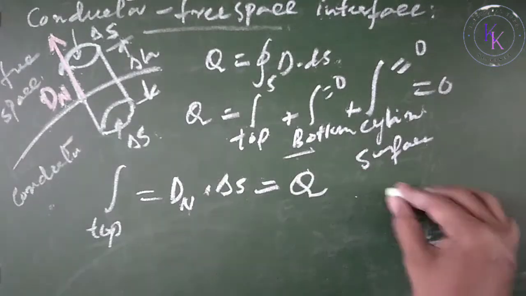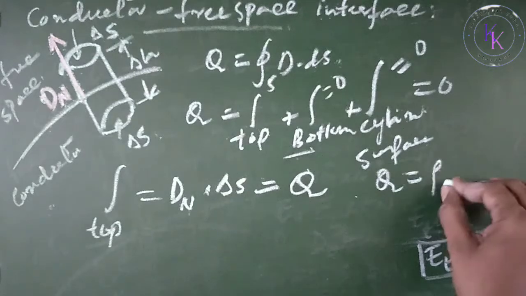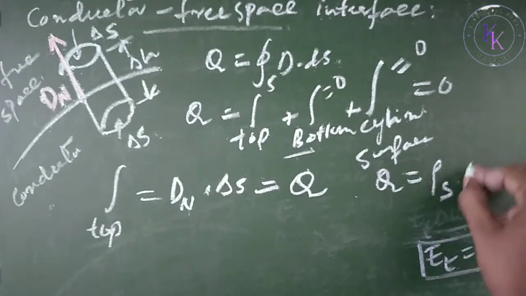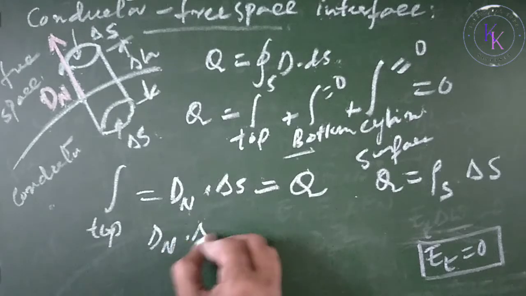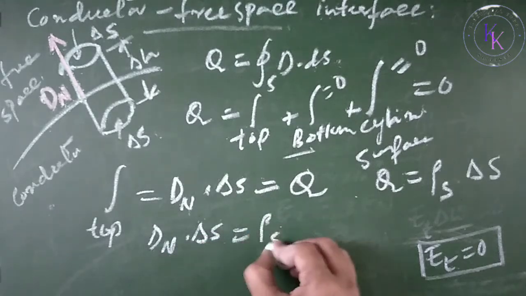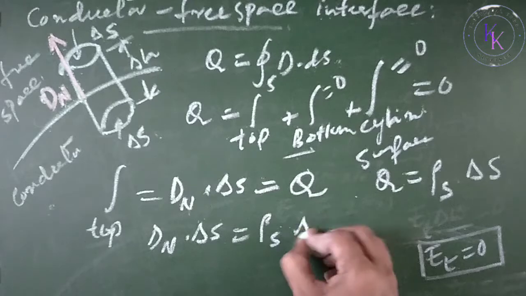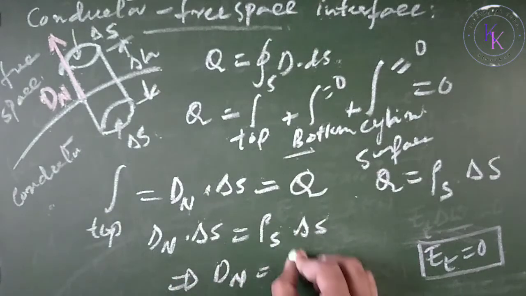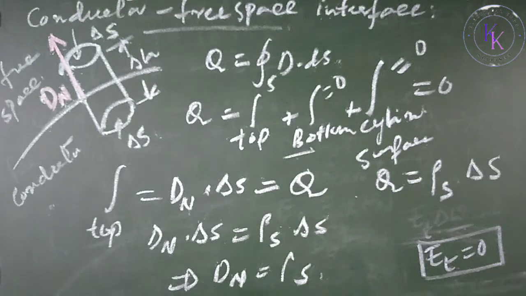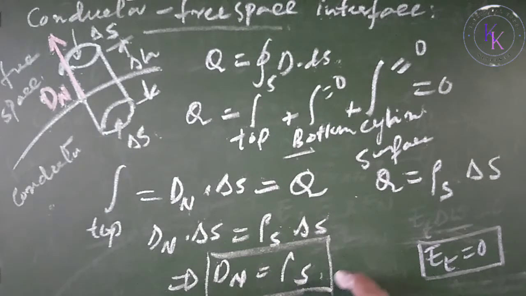Q is equal to the surface charge density multiplied by the area. Dn dot delta S equals rho S dot delta S. From these two we can write Dn equals rho S. This implies that the flux leaving the surface normally, in magnitude, is equal to the surface charge density.